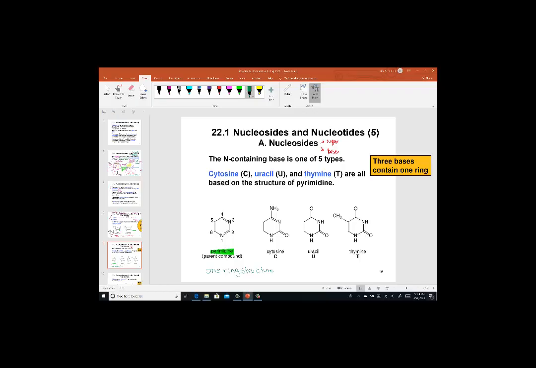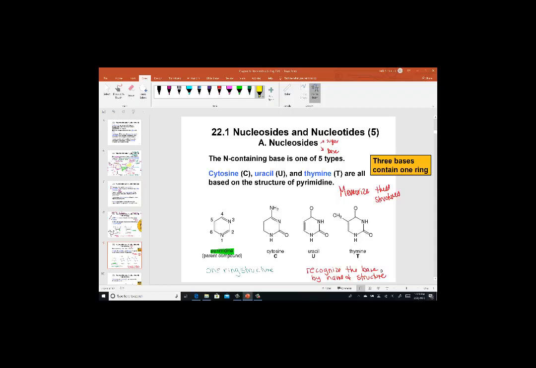I want you to take some time to draw each. You have to be able to recognize the bases by name and structure. I don't do this often, but I'm going to write, you have to memorize these structures, and the names associated with them.